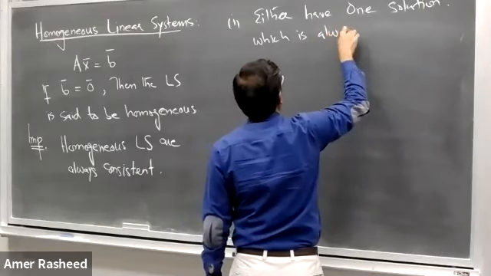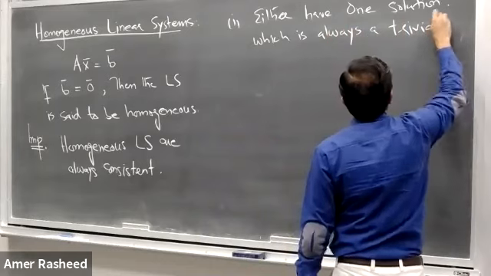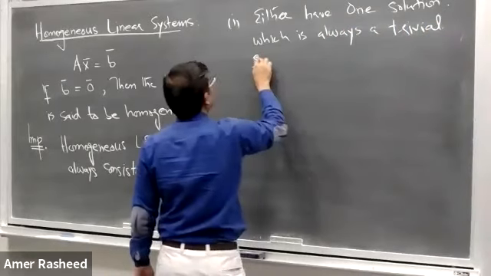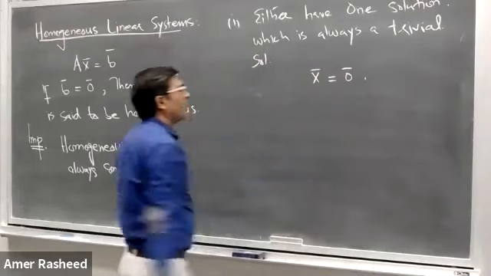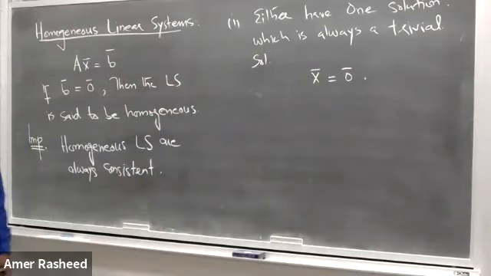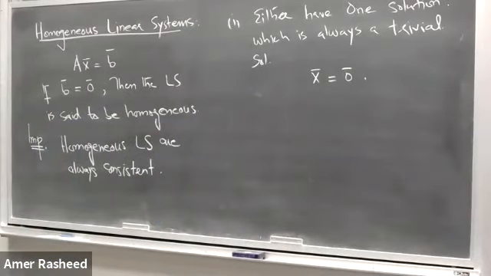Trivial solution is what? That is x equal to 0. If we take all the variables equal to 0, then this must satisfy the homogeneous linear system, and this is called the trivial solution of the linear system.